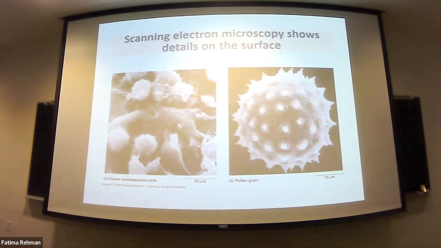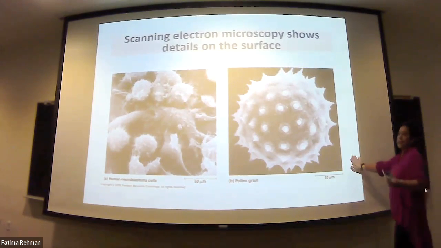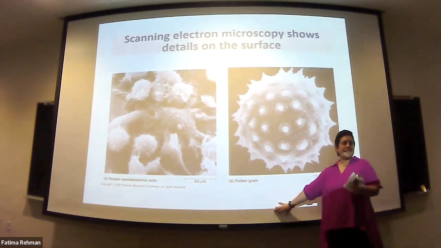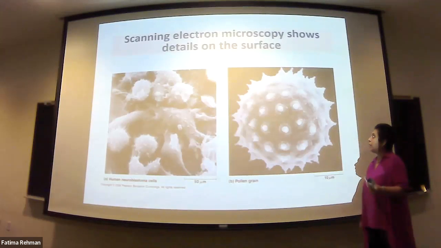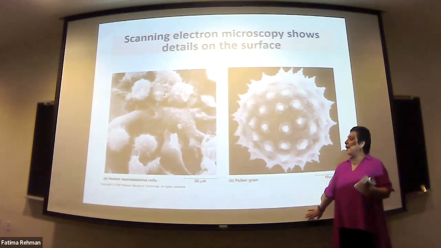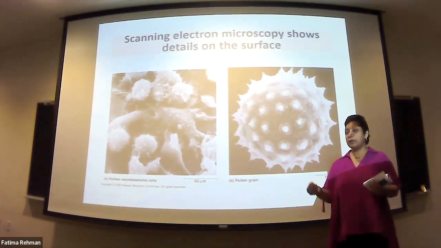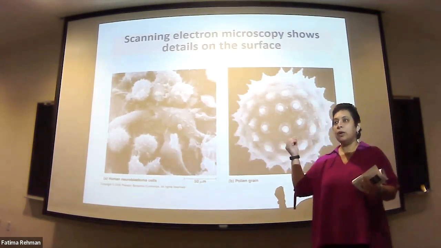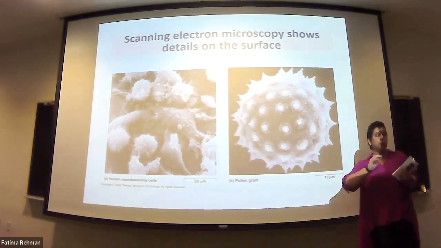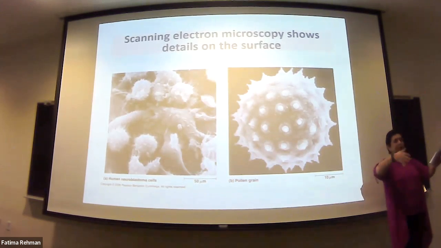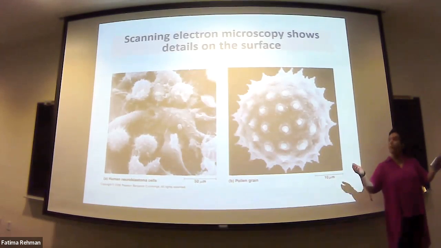So up till now, every single thing that we were looking at was using light as the mode to brighten your image and to examine the image. Now we move to something a little bit more sophisticated in the form of scanning electron microscopy. Electron microscopes are different in that they use a beam of electrons to hit the specimen and create an image from that.